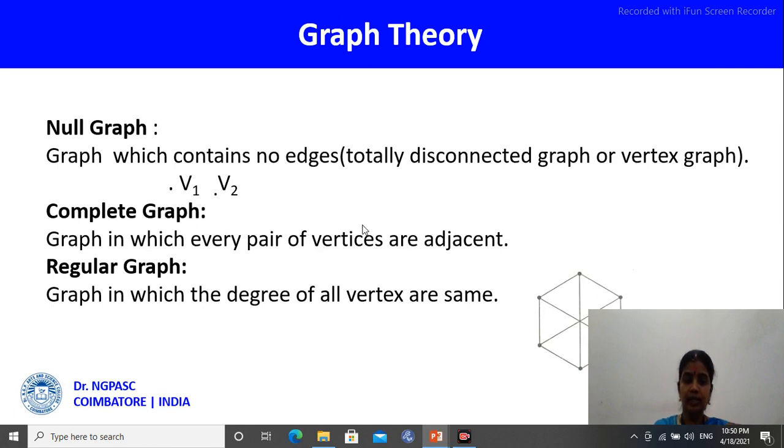Regular graph: a graph in which the degrees of all vertices are the same. In this example, the degree of all vertices is 3, so it is a 3-regular graph.